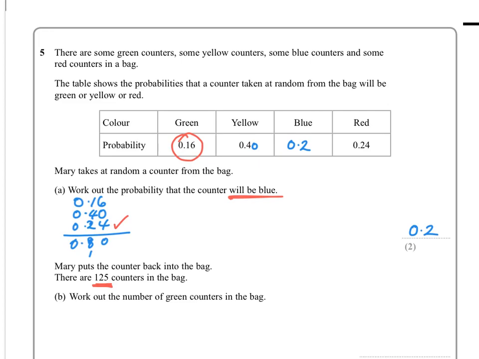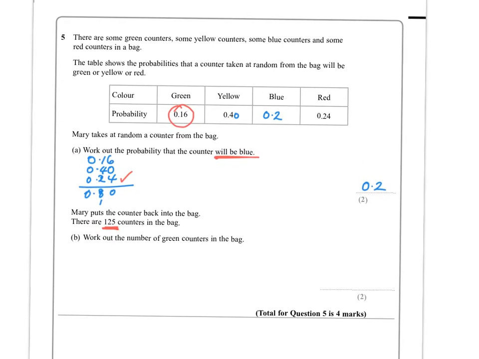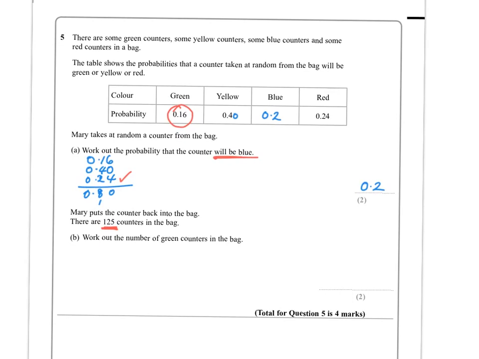Now, these are the kind of calculations you can do on the calculator, but show your working like I said. First thing you could write is 0.16 of 125 and write down your answer. So I'm not just going to use the calculator. I think the answer is 20. That's what my head tells me, but we'll just check it.